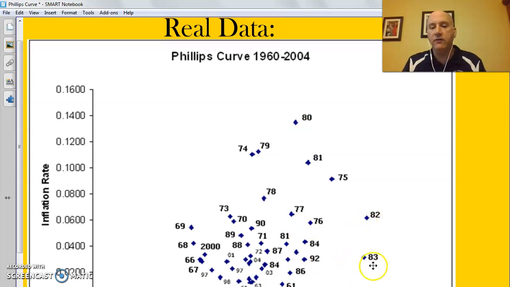And then in '82, unemployment went to 10%, and in '83, inflation started to go down, and unemployment was still high. We could also see points where inflation was low, like in '86 and '92, and unemployment was still not desirable at 7, 8, 10%. So the data really showed that Phillips isn't correct.